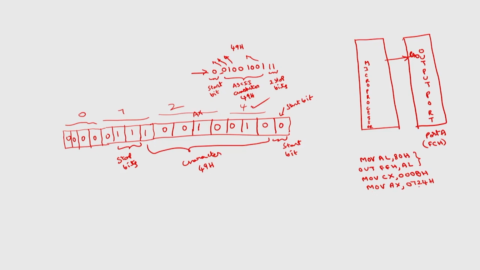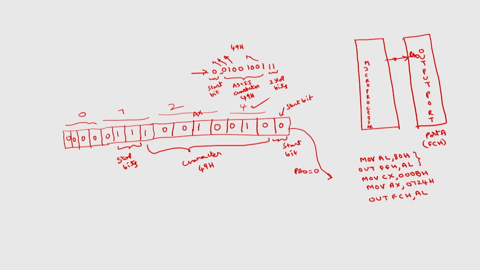So, I am going to send only the AL contents. Each time I will shift this. So, OUT FCH comma AL. What happens, this 0 will be outputted on PA0.